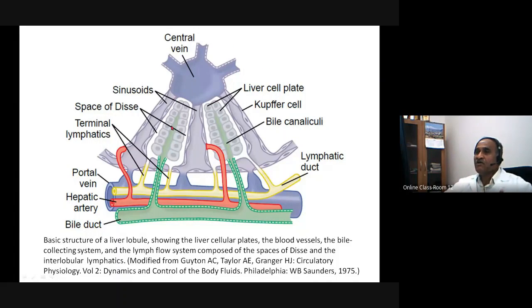So all the metabolic activities, the protein, fat, and carbohydrate synthesis, or synthesis of other molecules, are emptied into these sinusoids. Whereas certain secretions from these cells, bile is a secretory product, and the bile contains excretory products.